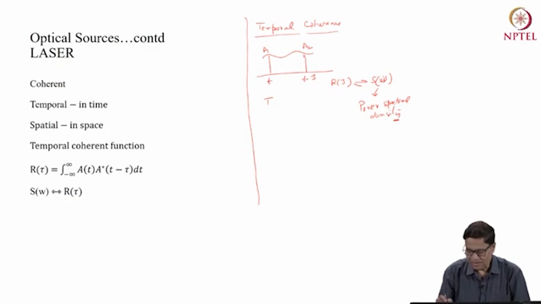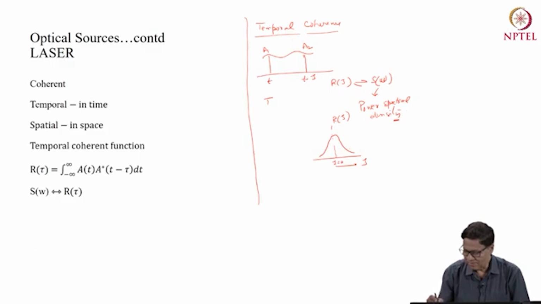So if R(tau) is something like this, this is tau equal to 0, and this is R(tau). If you correlate at tau equal to 0, that is, with the point itself, then it has maximum R(tau), and as tau increases, the R(tau) value goes down.